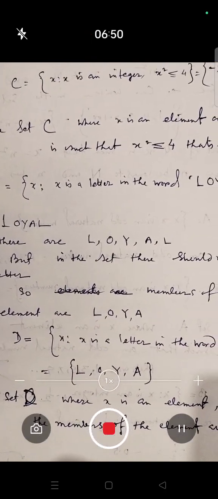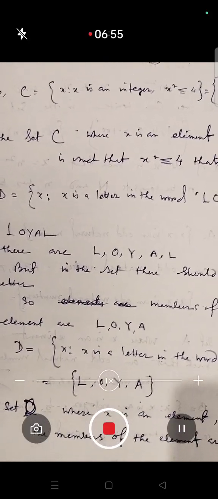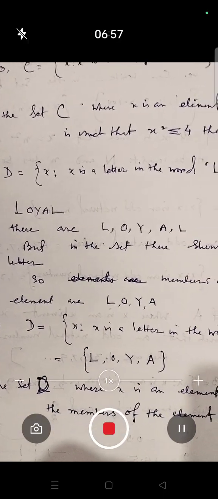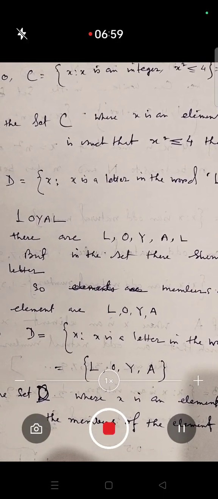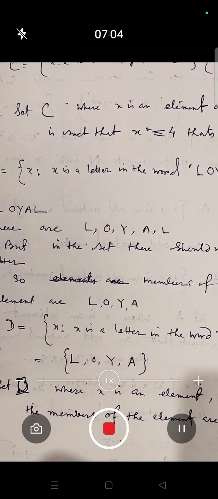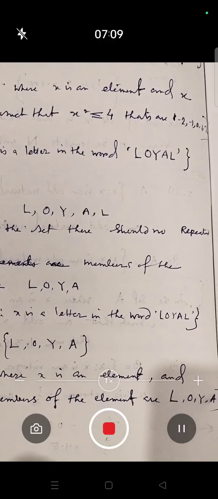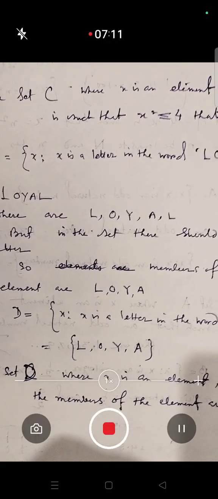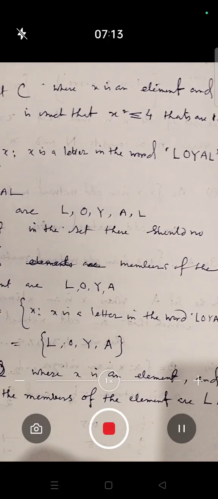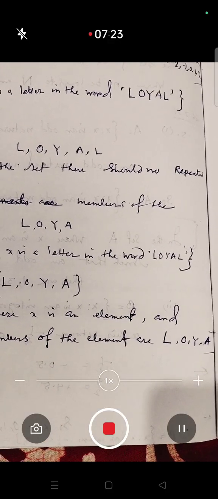So the members of the element are L, O, Y, A. So D is a set where x is an element and x is such that x is a letter in the word loyal, equal to L, O, Y, A. In the set where x is an element, the members of the element are L, O, Y, A.